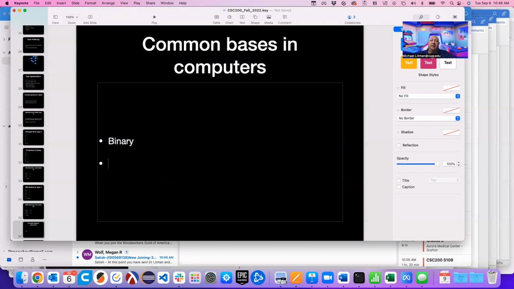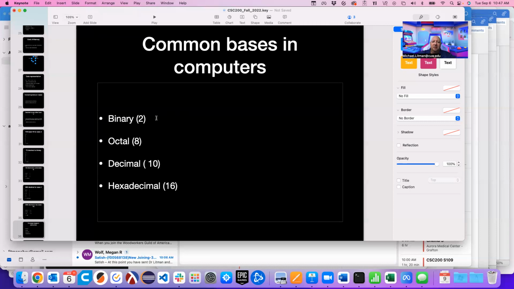We have binary, we have octal, we have decimal, and we have hexadecimal. Those are our common bases. So binary is base 2, octal is base 8, decimal is base 10, hexadecimal is base 16.